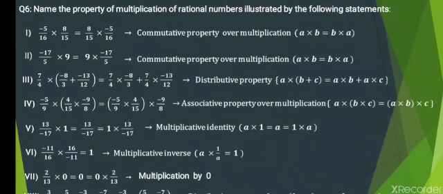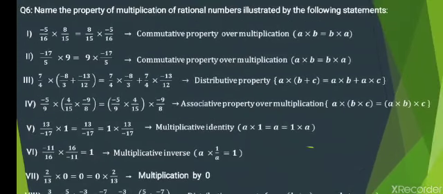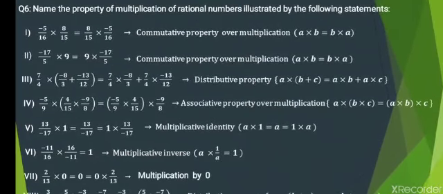As we know that when there is a number outside the bracket and there are two terms inside the bracket which are in addition or subtraction, the number which is outside the bracket gets multiplied to both the numbers which are inside the bracket. Like here we have multiplied 7 by 4 to both minus 8 by 3 and minus 13 by 12. So actually we have just distributed 7 by 4 among both the terms, that is minus 8 by 3 and minus 13 by 12.